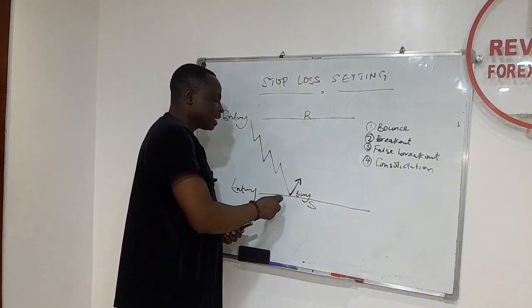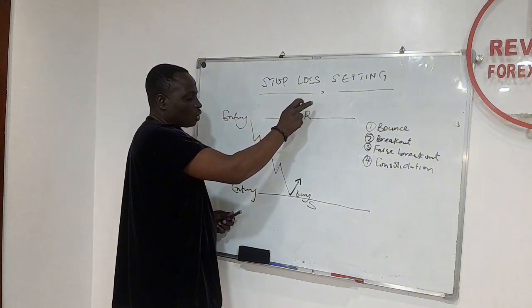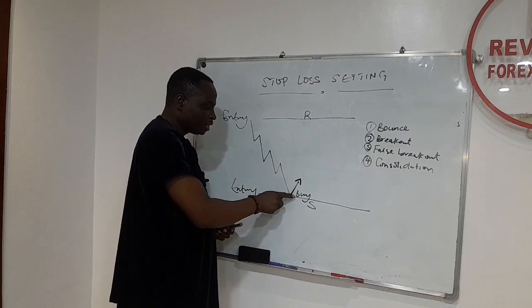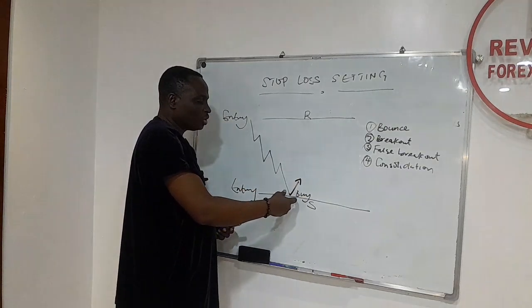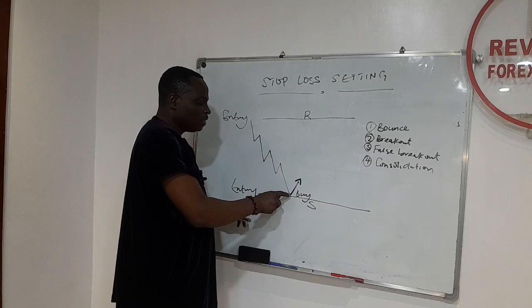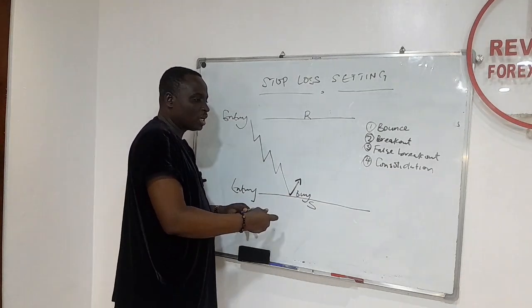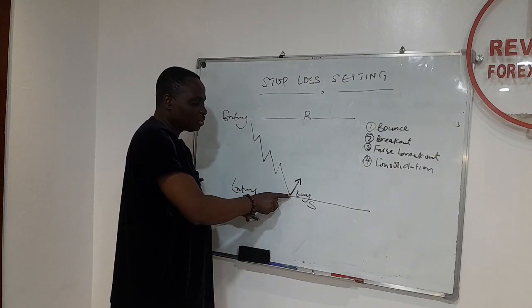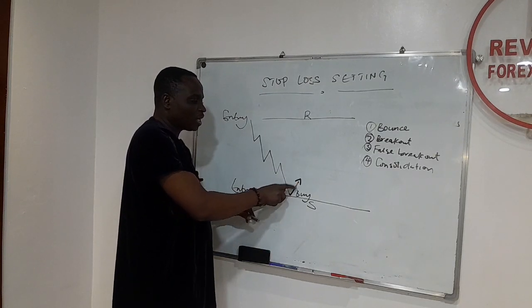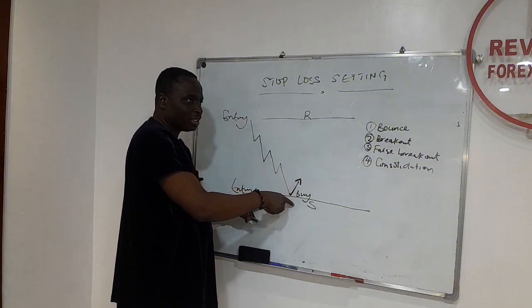So now let's assume we are buying. We are looking at how to set a stop loss professionally. This is support. The first expectation is that if this support is a 4 hours key level, or daily, or weekly, or monthly, we expect the market to bounce from here because there has been excess supply already.